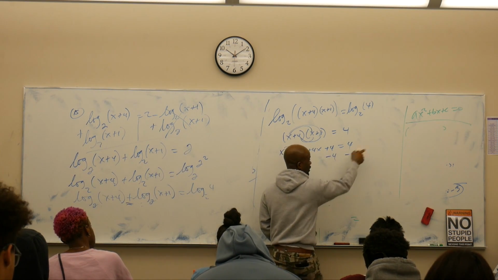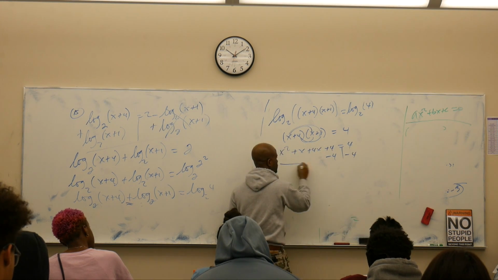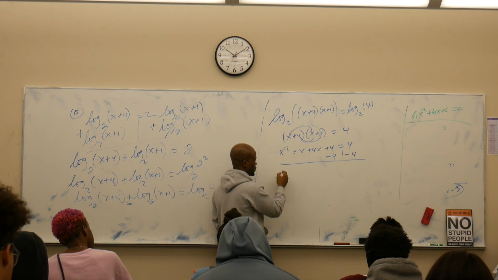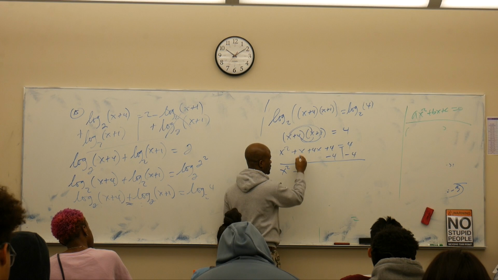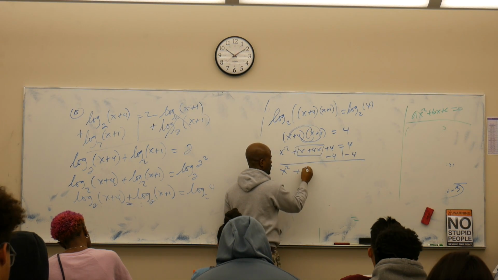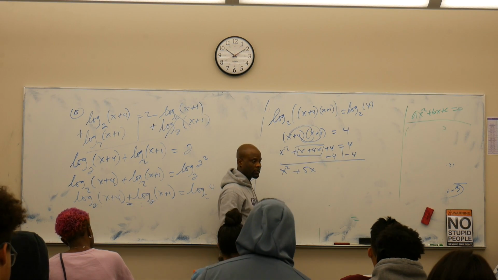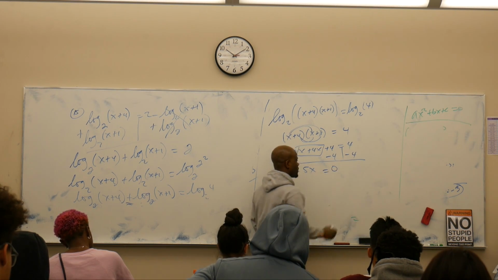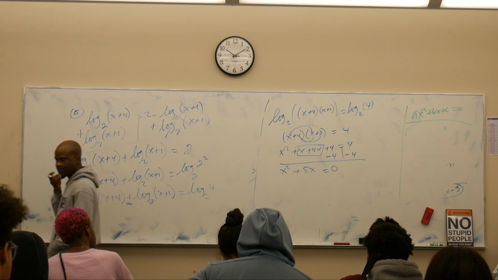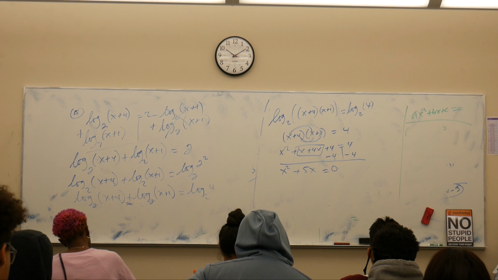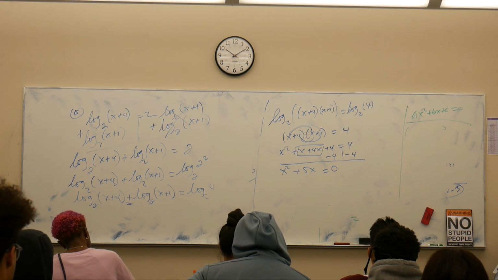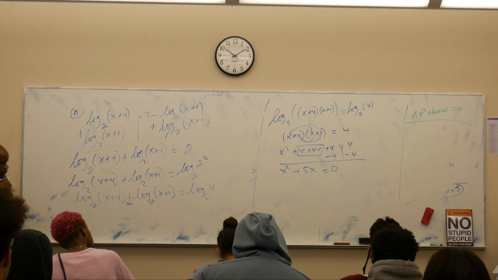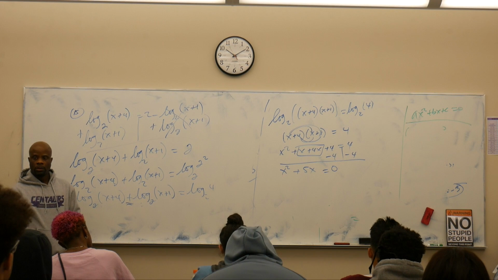Again, because it's a quadratic, we want to set it equal to 0. We subtract the 4. So this is x squared plus 5x, right? Plus 4 minus 4. Now what?